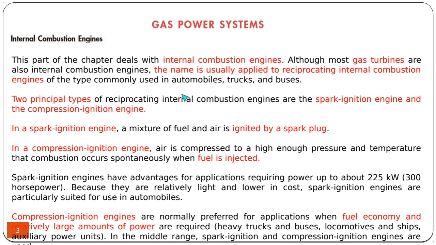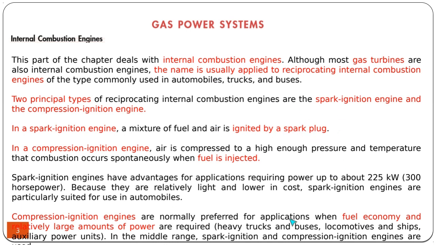Reciprocating engines have pistons and cylinders, and pistons move up and down inside the cylinder to produce power, whereas gas turbines are completely different. So in this chapter, we will learn both reciprocating engines, both the diesel engine and gasoline engine. Diesel engine is compression ignition engine, gasoline engine is Otto engine. Then we will continue with the gas turbines.